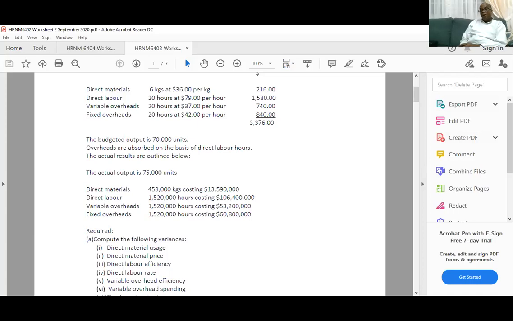Output might take longer to be produced. There might be some attendant problems. The possibility of wastage could also be increased because you're using labor instead of machinery. Yes, so you're more than likely operating in a highly inefficient environment when you're labor intensive. And what would flow from that is that your price might not be that competitive.